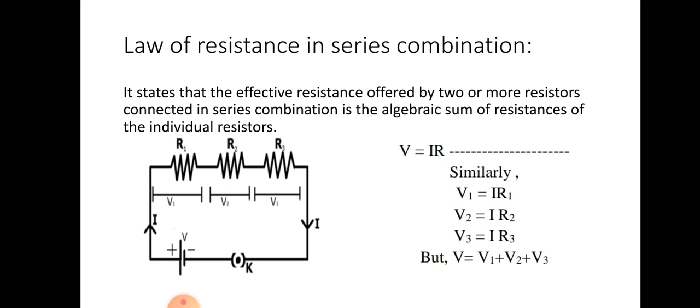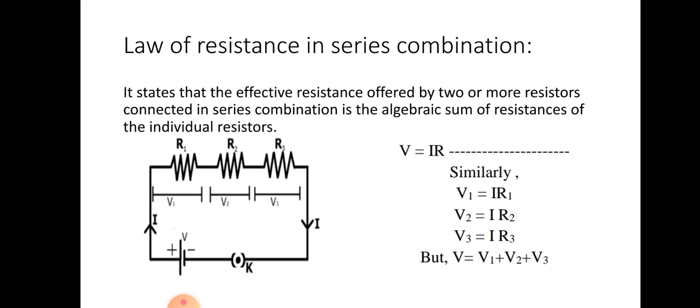So look at the diagram. There is a cell, there is a key. The wires are there, connecting wires, which are the conductors of electricity.